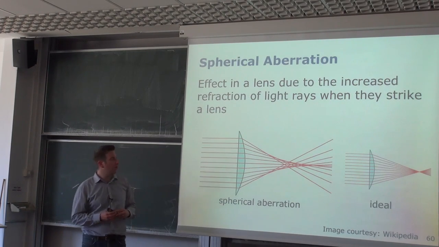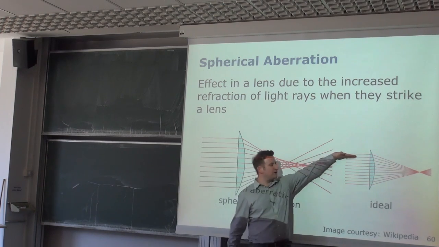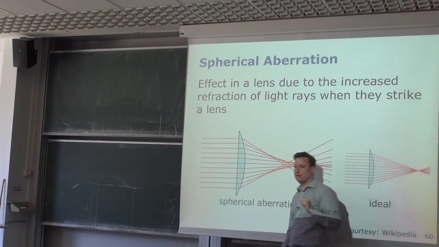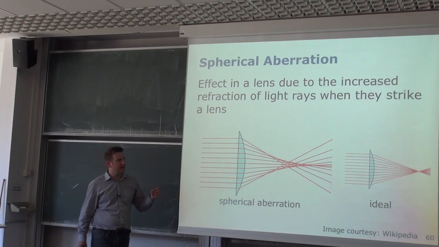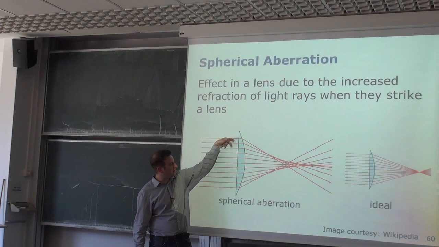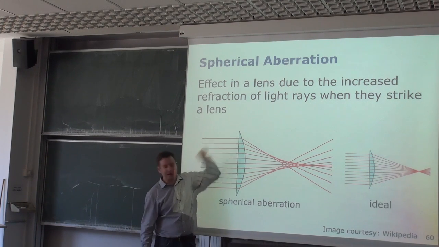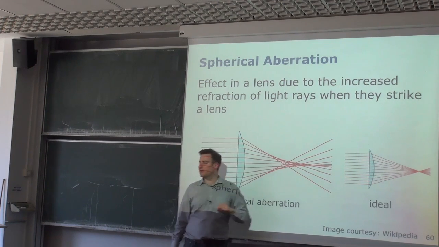The other thing we often find is spherical aberration. In the ideal case, if we have parallel lines which reach our lens, they should all intersect in one single point. That was the idea of the lens. If our lens, however, is imperfect, this is not the case. Depending on where the ray hits the lens, it intersects at a different point.